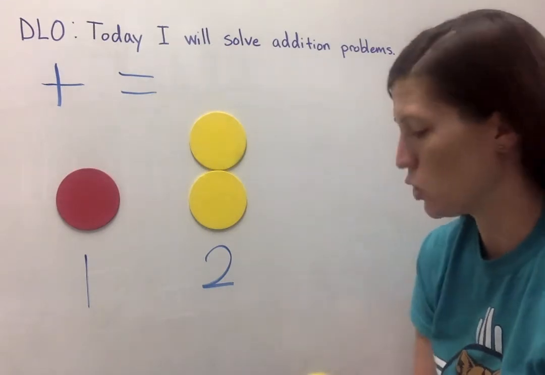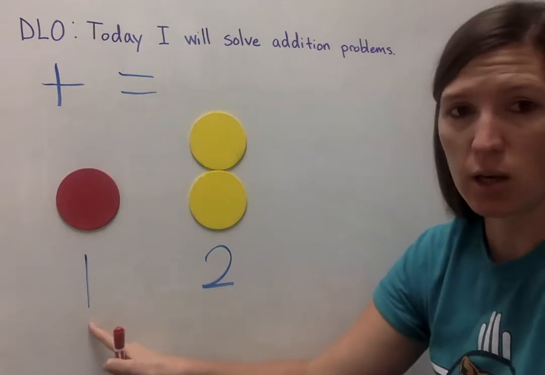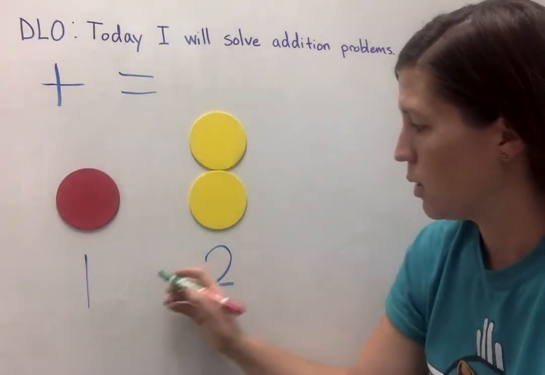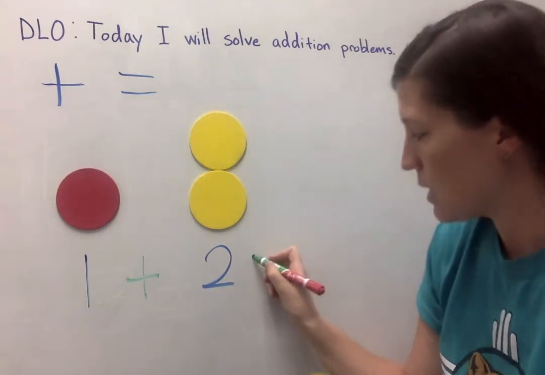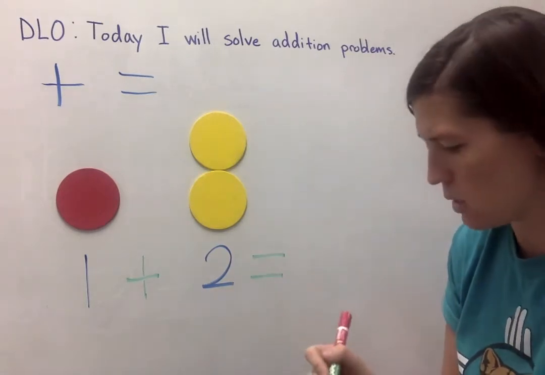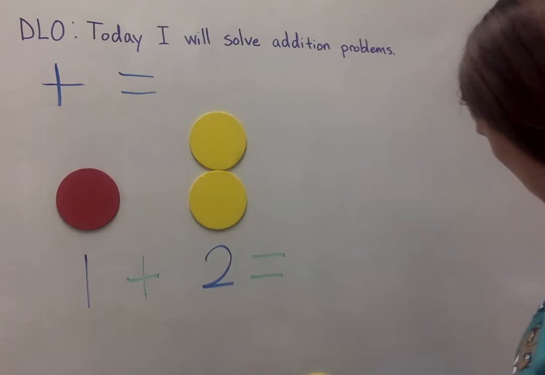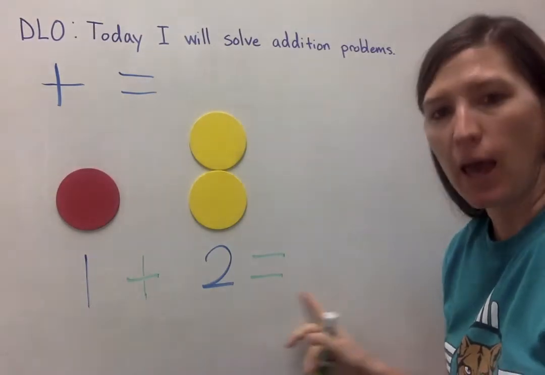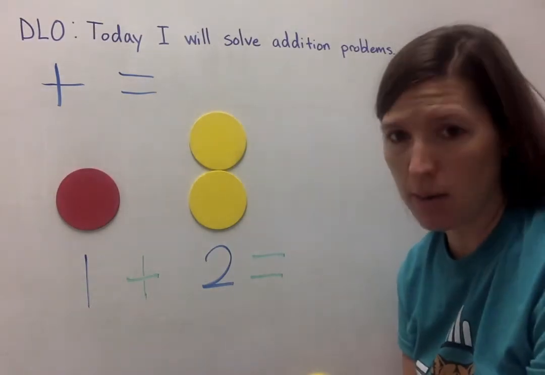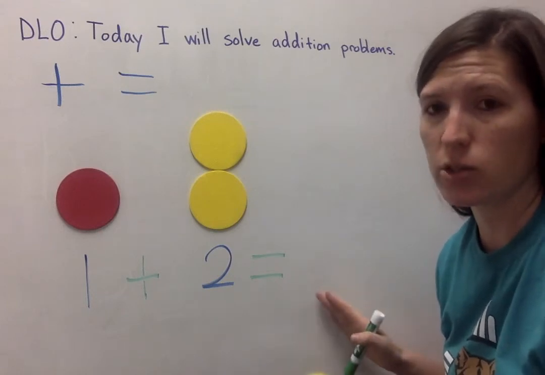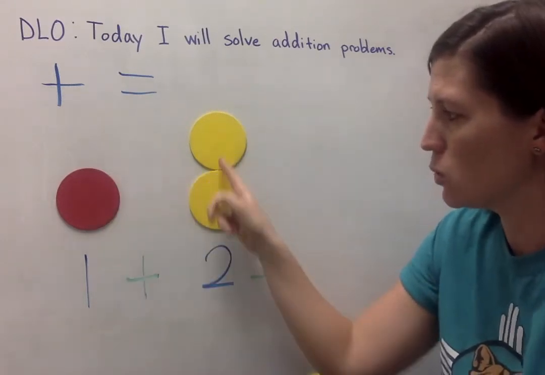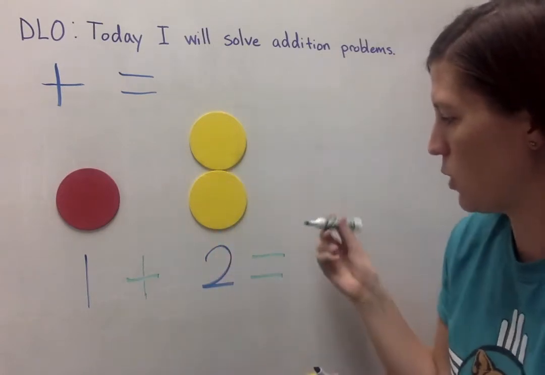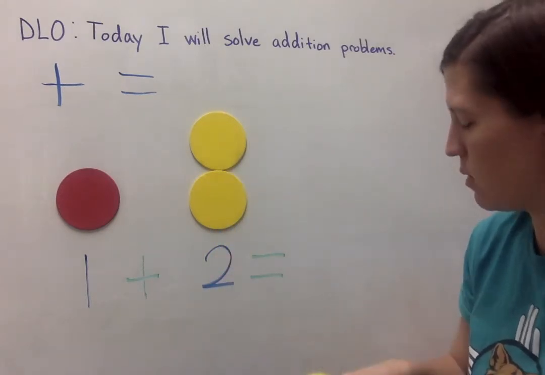We need to write our equation. First I saw 1 goat plus 2 chickens equals, can you see that? I think I need a different green. Equals how many? We need to find our sum. The sum is the answer, our solution. Let's count. 1, 2, 3. I saw 3 animals all together.